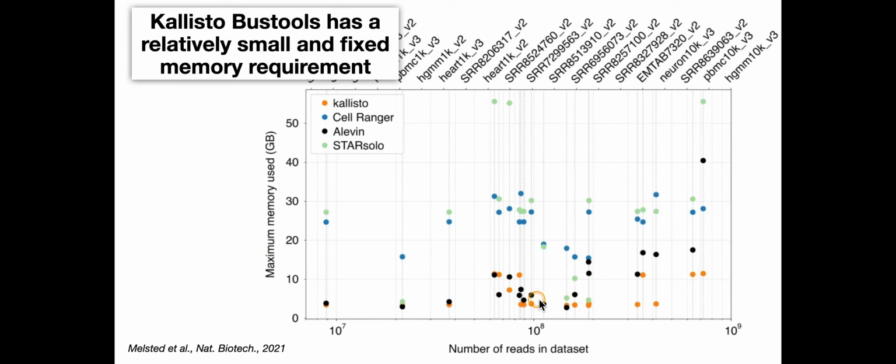You can see that the orange dots pretty much hover around 5 or less gigs of RAM used. As the number of reads increases, it stays in that general range of 2 to 10 gigs of RAM used, and that's about the amount of RAM we can expect to use on a laptop and not have major issues. A lot of these other methods are also relatively fixed memory requirement, including Cell Ranger, but have far greater memory requirements.